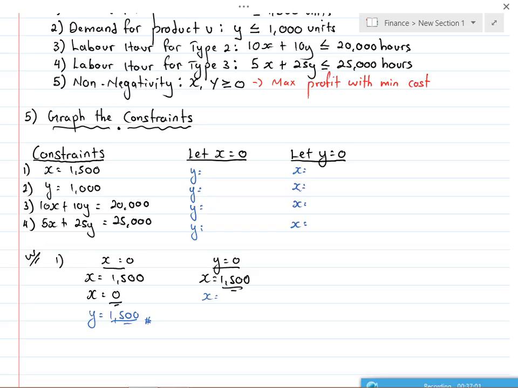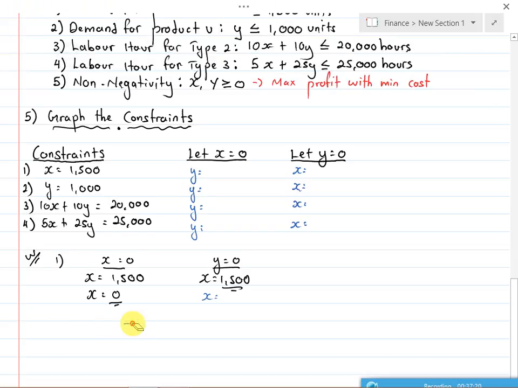Either one only can be. Then x will be 0. X equals 0. So just now you said confirm.